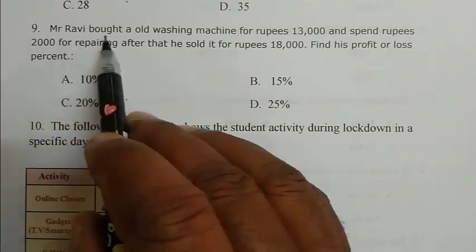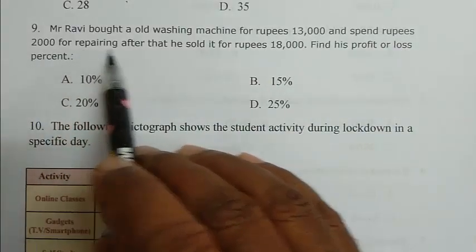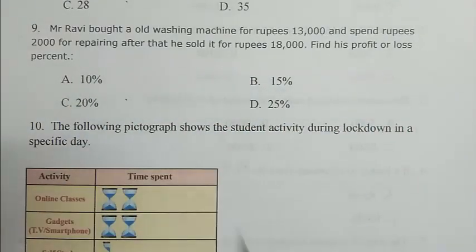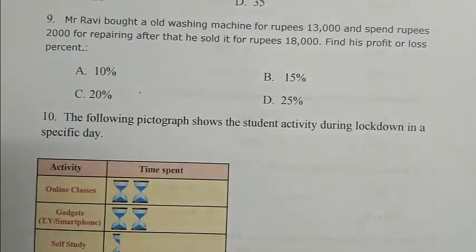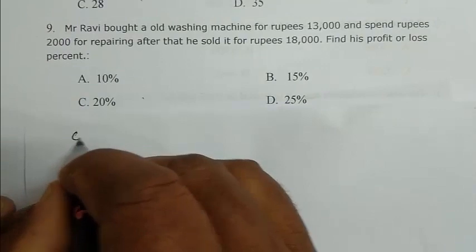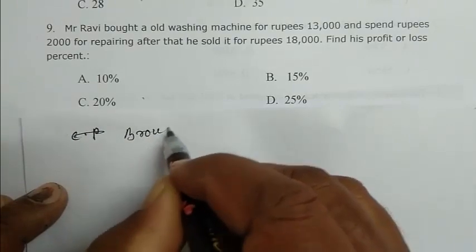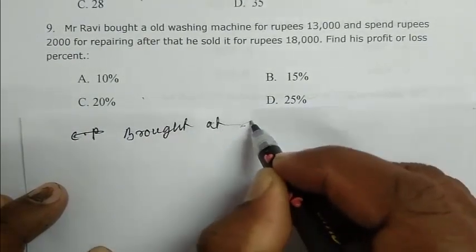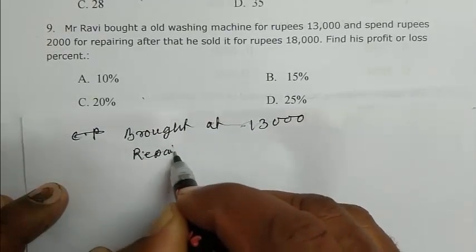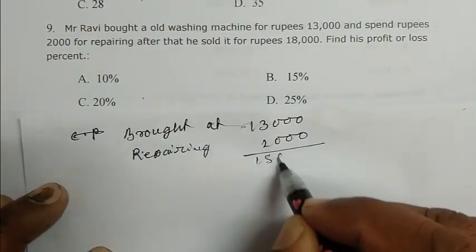Question number 9. Mr. Ravi bought an old washing machine for rupees 13,000 and spent rupees 2,000 for repairing. After that he sold it for rupees 18,000. Find his profit or loss percentage. He bought it at rupees 13,000, repairing 2,000, total 15,000.